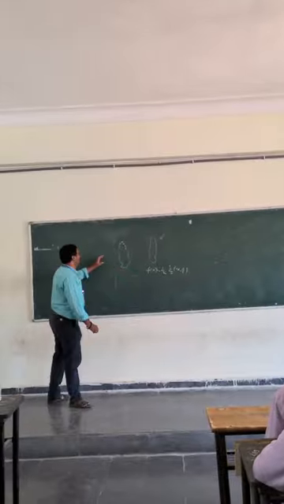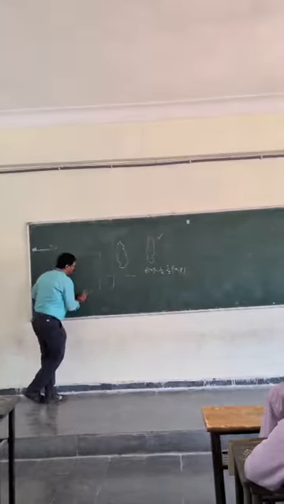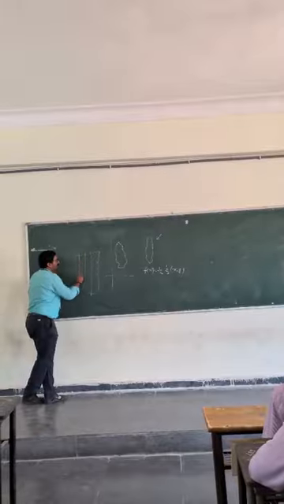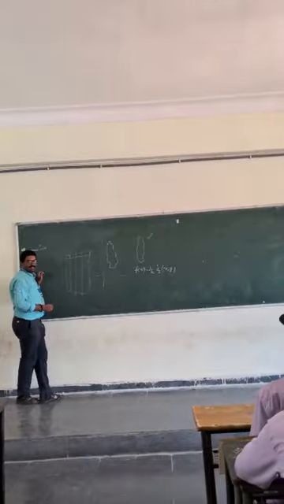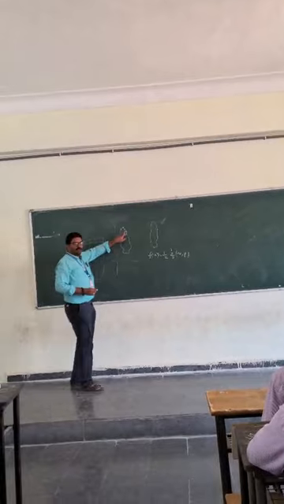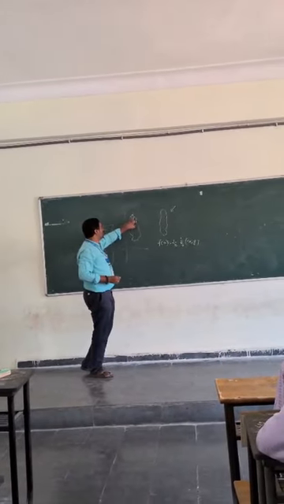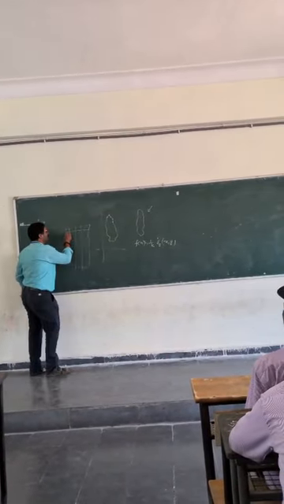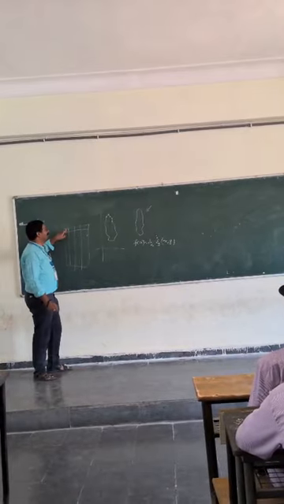Mathematically, it uses zeros and ones. Where the object is available at a position, that is logic one.